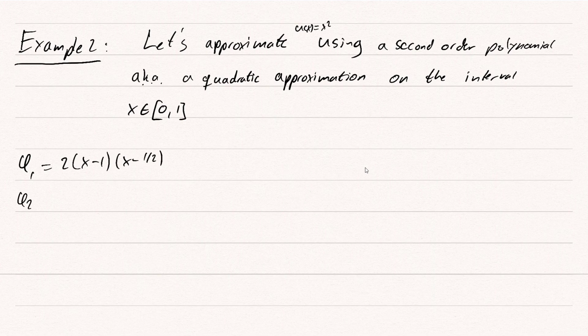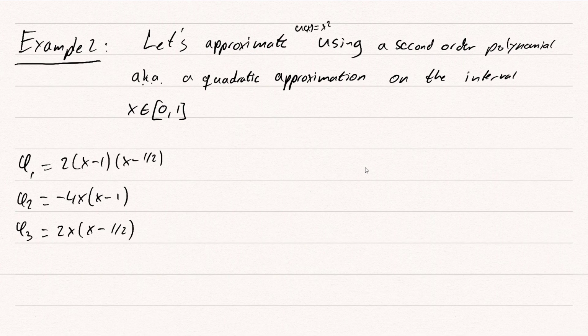Phi 2 is going to be minus 4 times x times x minus 1, and phi 3 is going to be 2x times x minus 1/2.